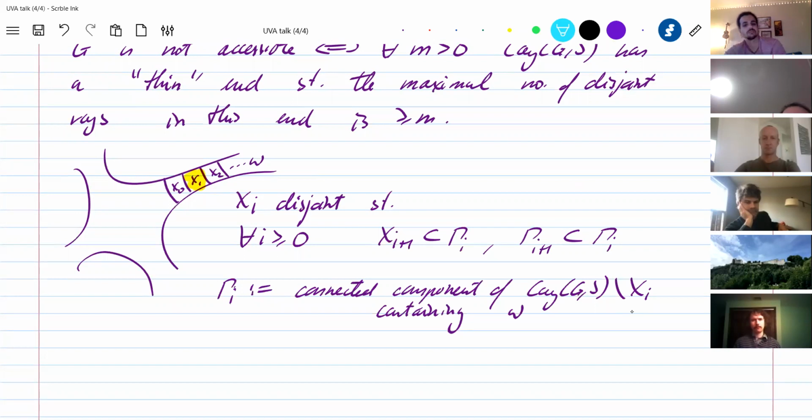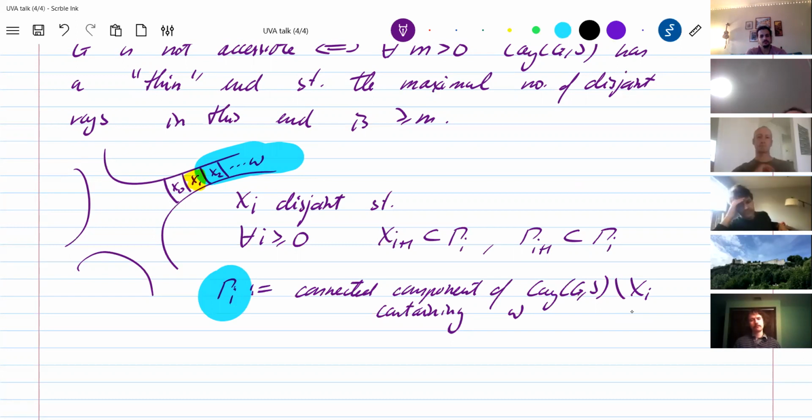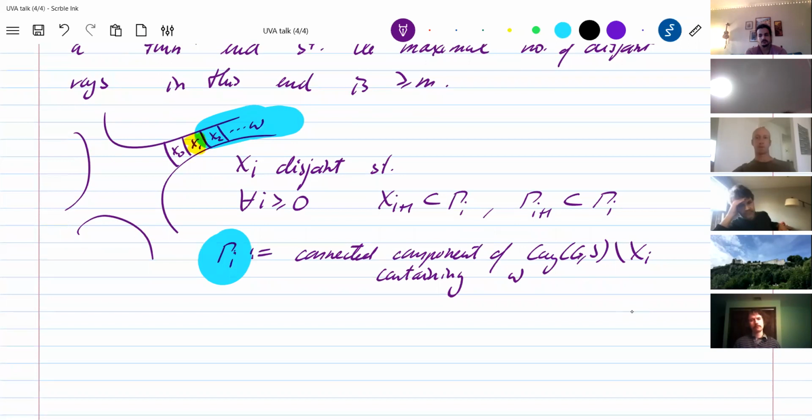It's this bit, right? So that's my gamma_1 in this case. And so this is just giving me a condition. I mean, it's essentially saying that my x_i's really do look like this. They're really kind of slicing up this end as we go along this end omega. Okay. So this picture is really representative.